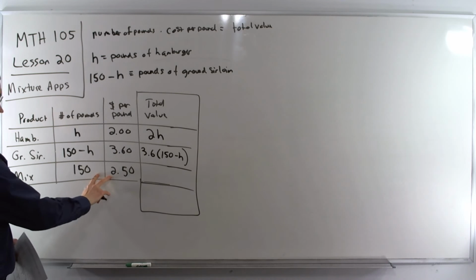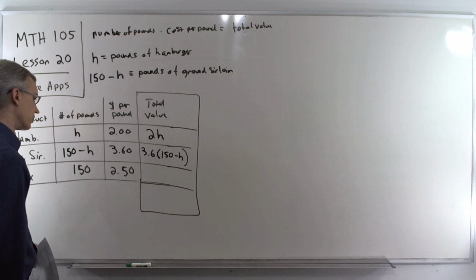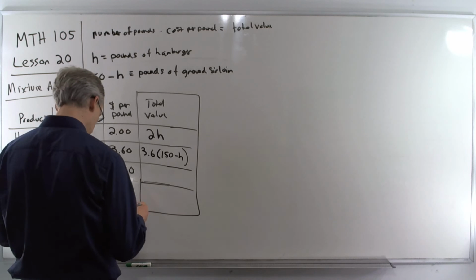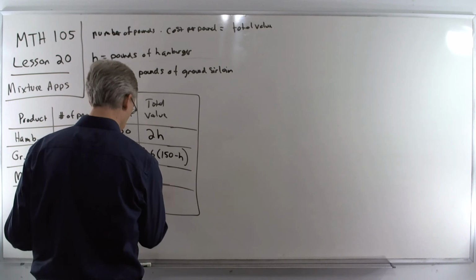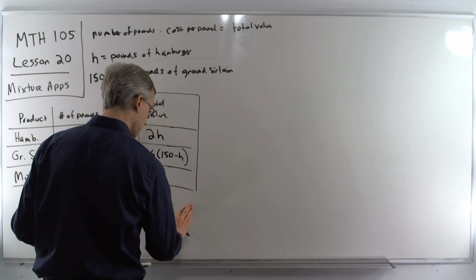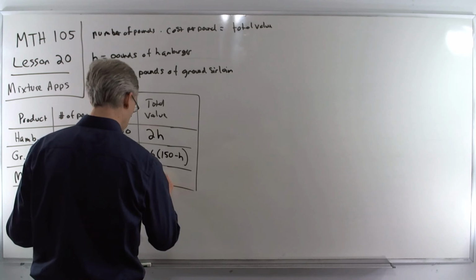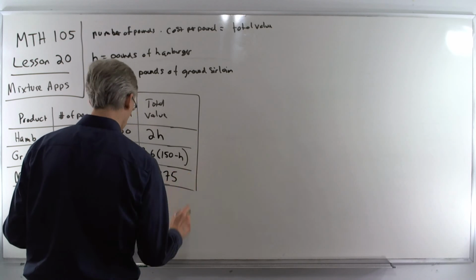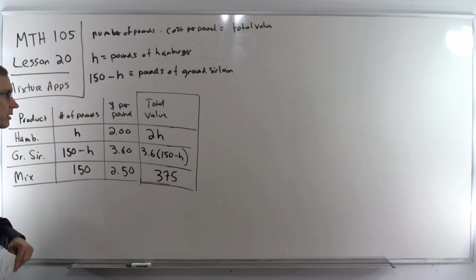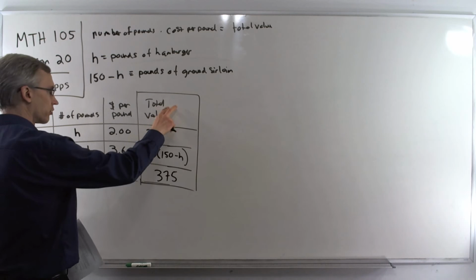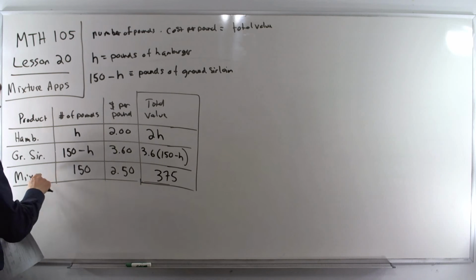And now we can multiply here, 150 times 2.5, is $375.